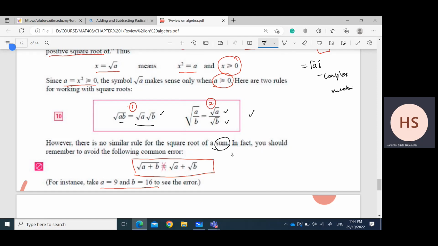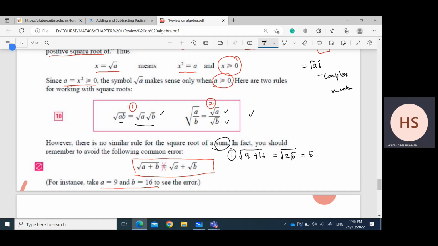Okay, so first, we do the left hand side, the square root of A plus B. Since A is 9 and B is 16, A plus B is 9 plus 16. So it is equivalent to the square root of 25. Okay, so the square root of 25 is 5.